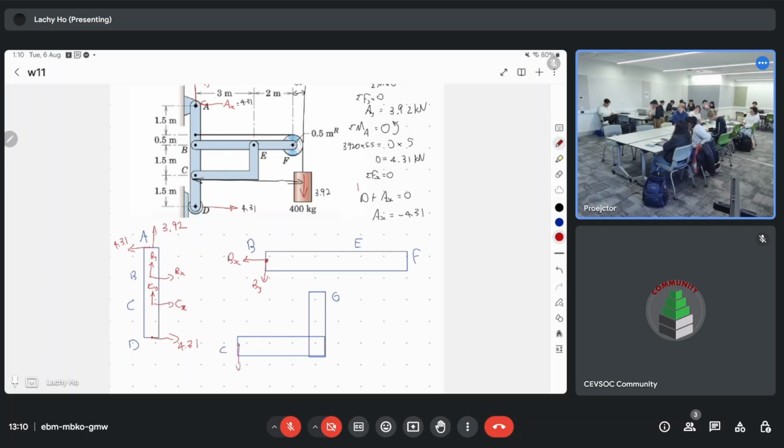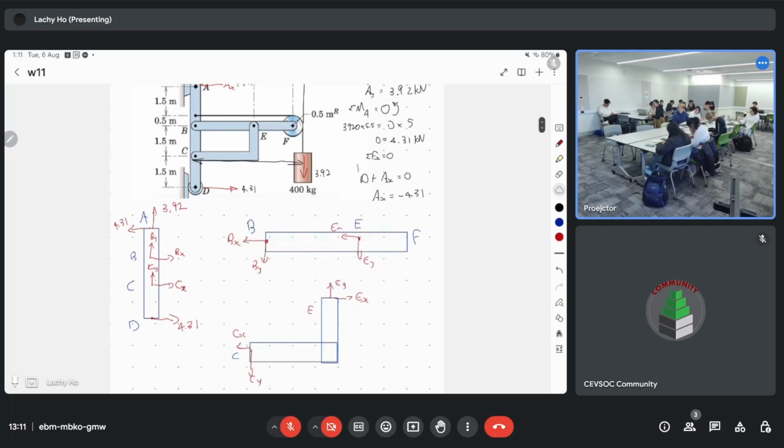Same with this one here: Dy, Cx. And then with the E, we can draw E as well: Ey, Ex. And at E, again, opposite direction: Ey, Ex. So we end up with 3 diagrams, which we need to solve to solve the question, right?